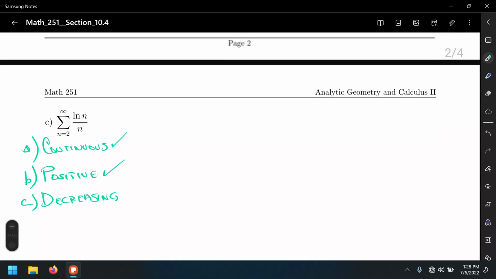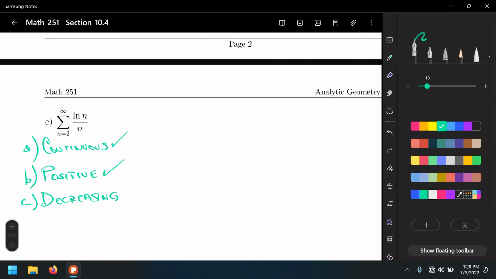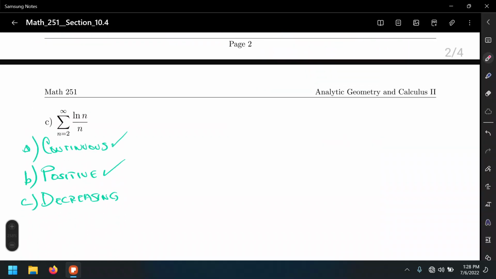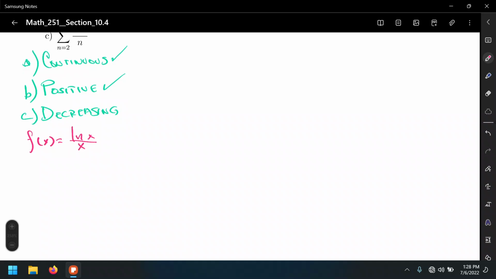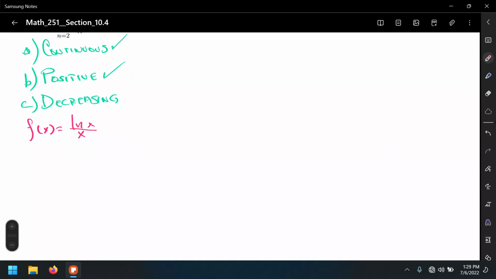Okay, so we need to set the corresponding function f of x equal to ln of x over x, and then we need to do the calculus for this function, take the derivative to find the values of the slope, and you'll see how this is going to work.